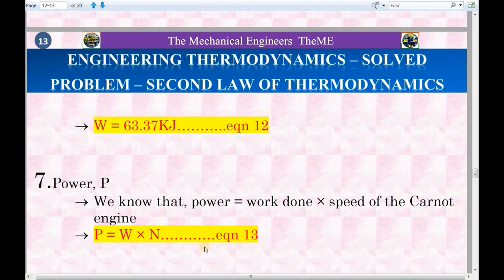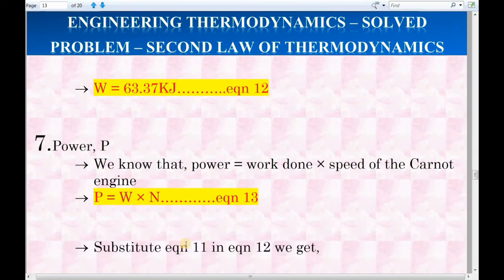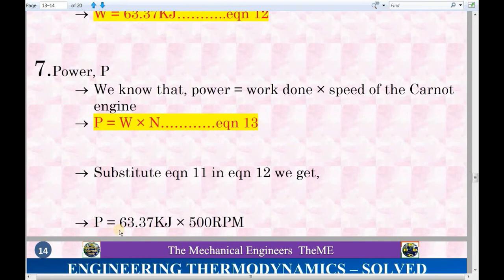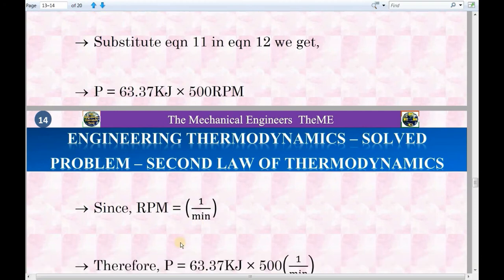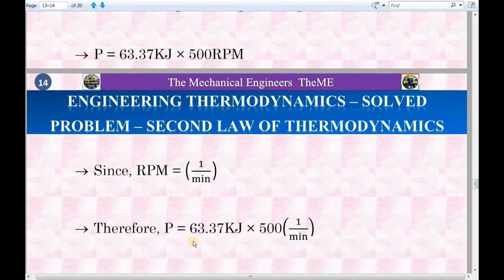In equation 13, we know the values of W from equation 12 and N. So just substitute the values. We get P is equal to 63.37 kilojoule into 500 RPM. In this RHS, RPM is 1 divided by minute. So the next step will be P is equal to 63.37 kilojoule into 500 into 1 divided by minute.